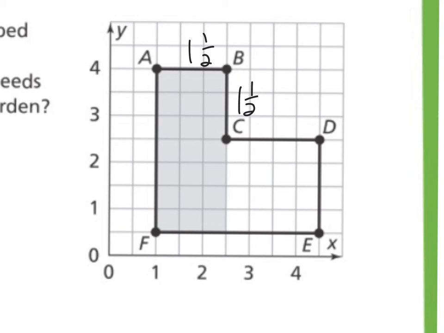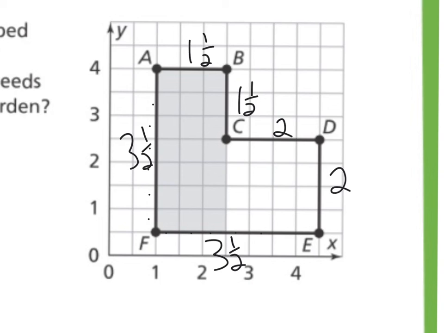CD, half, 1, 1.5, 2. DE, half, 1, 1.5, 2. EF, half, 1, 1.5, 2, 2.5, 3, 3.5. AF, half, 1, 1.5, 2, 2.5, 3, 3.5. And then we would add those together would be the perimeter.